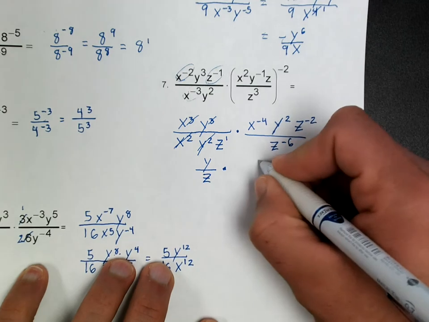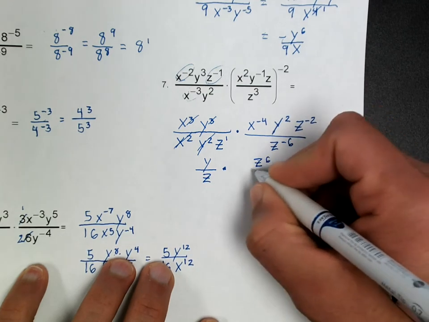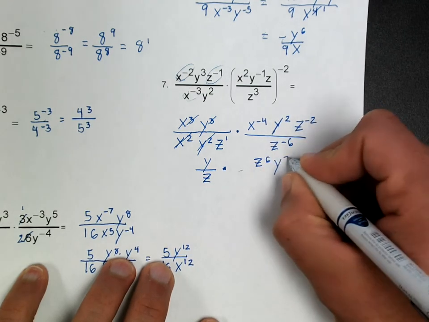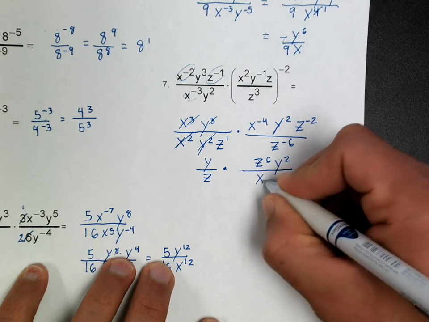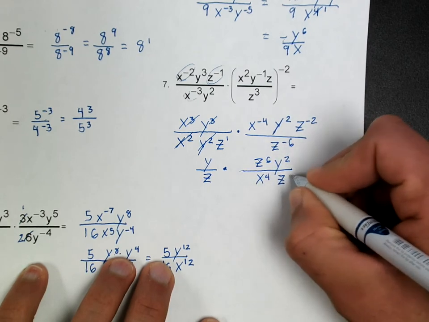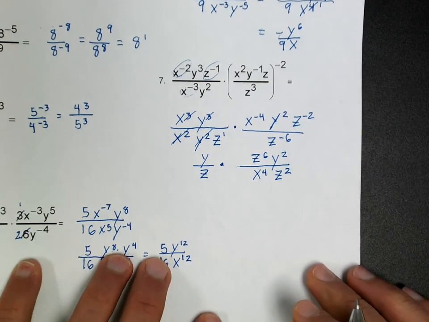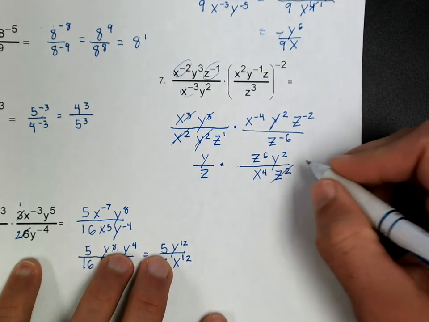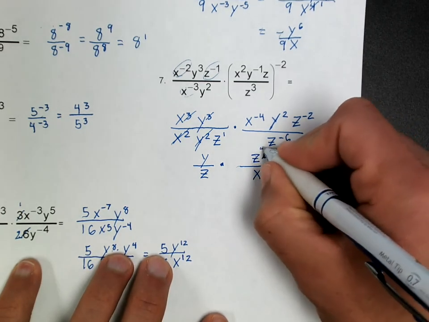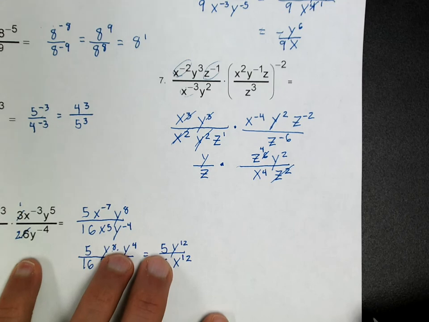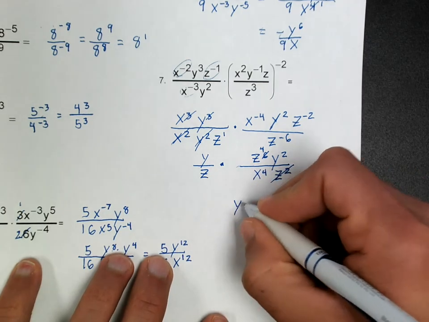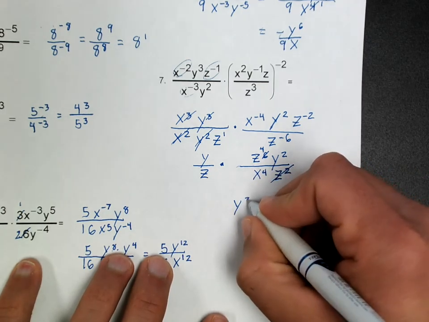On this one, I have z to the 6, y squared, and I have x to the 4th, z to the 2nd. Alright, let's go ahead and get rid of some of these. So this is going to be to the 4th power now. So now this is going to give me y cubed.